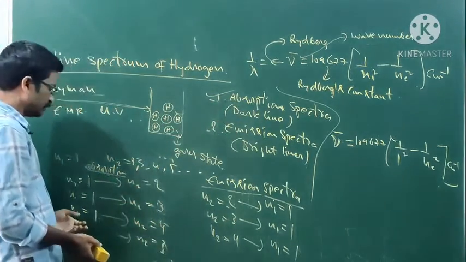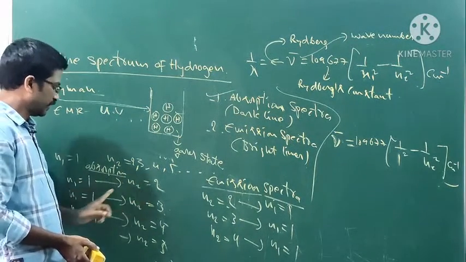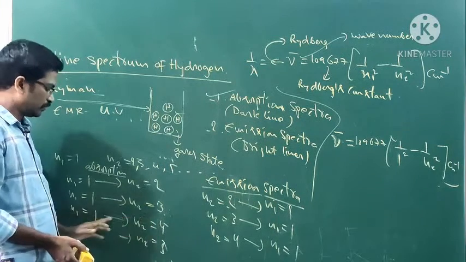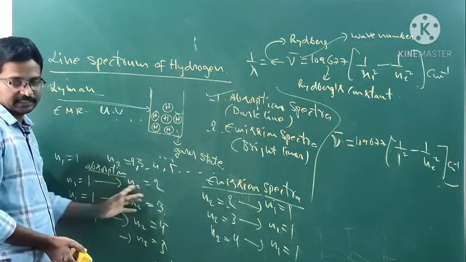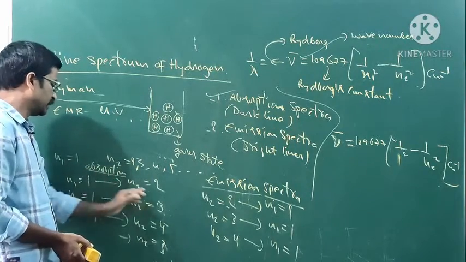He can explain absorption spectra as the electron goes from n1 to n2, n1 to n3, n1 to n4. Okay, like this. This is absorption. The electron goes from 1 to 2, 1 to 3, 1 to 4.